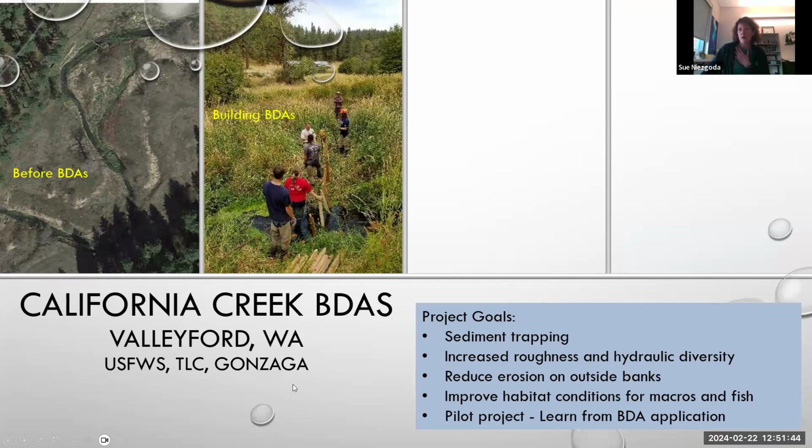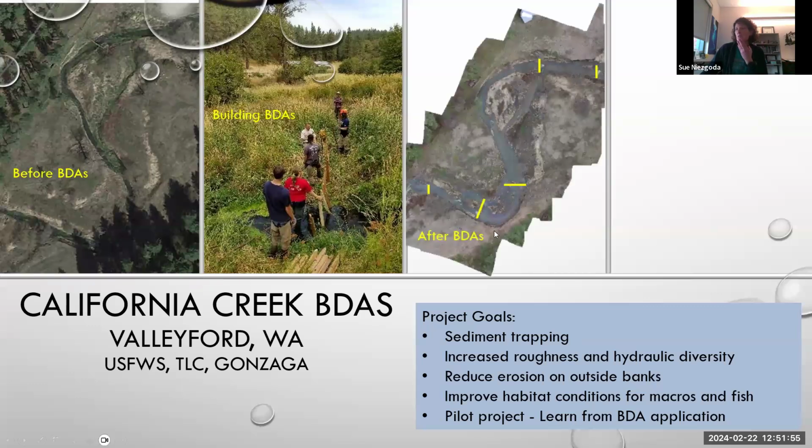And this was really an attempt for us to sort of learn about these. We started with really just putting in 4 single BDAs, and over time we added 2 additional. Well, we lost one of them and then came back and tried to add in some additional ones to have them act more in series.